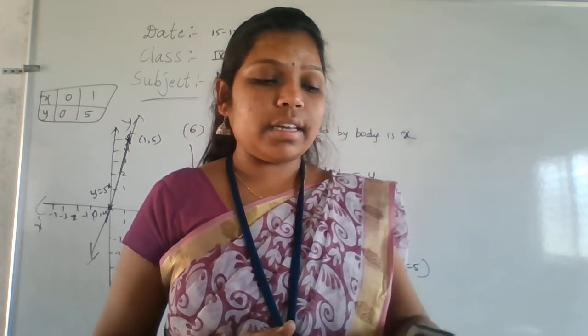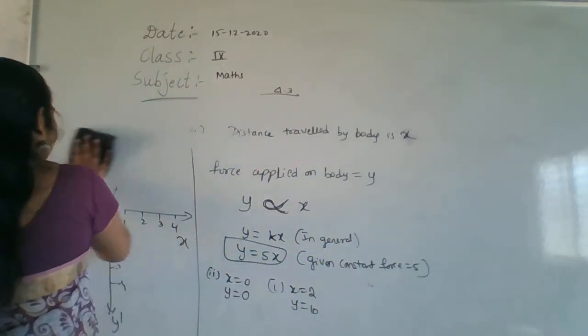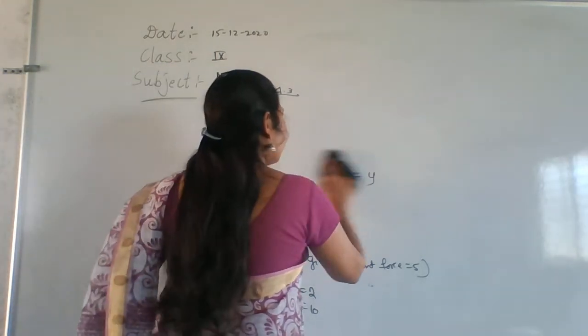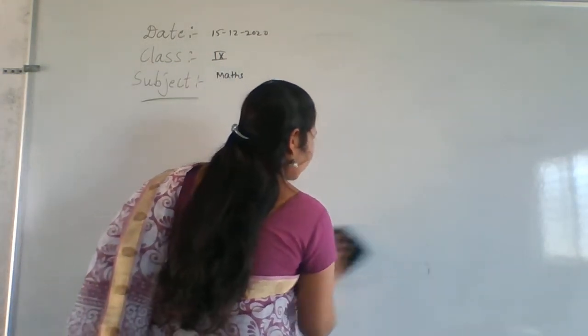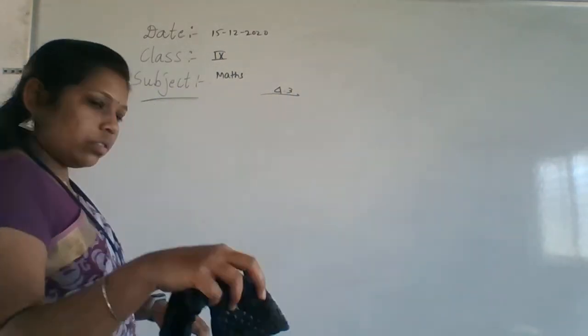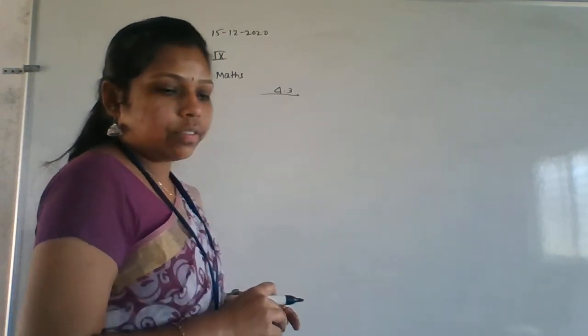That is nothing but what here? See, we can write this here. 7th one. See here, the 7th one. What is the 7th one here?